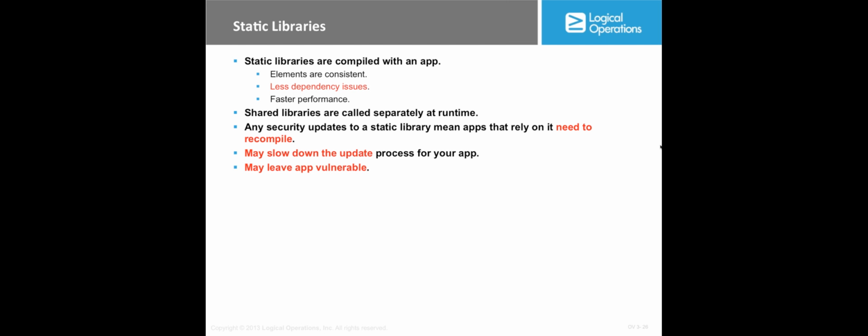Then you have the obvious issues that you're going to have to deal with, where some apps are extremely quick and easy to update. Now, if you're having to recompile the app, basically recompile from source, the update is going to take a lot longer to execute.